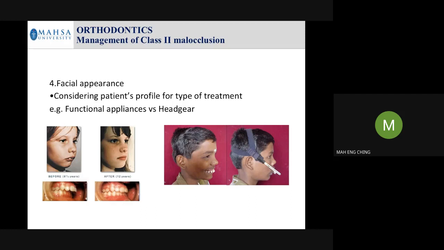If the mandible is too short, then usually we use what we call a functional appliance, to try to bring the lower jaw forward. If the upper maxilla is too long or has excessive growth, then we use what we call the headgear, to try to restrict the upper maxilla from growing forward. So there are different types of treatment. If you're too short, you make it longer. If you're too long, then try to make it shorter. As simple as that.